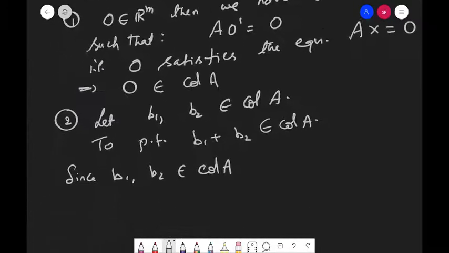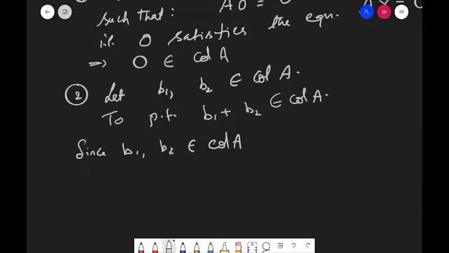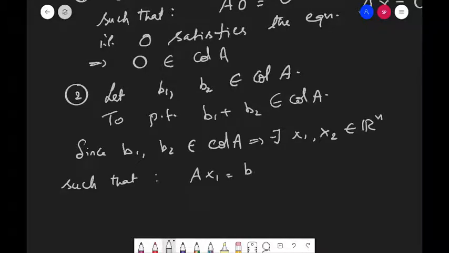So now b1, b2 belong to column A implies there exist x1, x2 belonging to Rn such that Ax1 is equal to b1 and Ax2 is equal to b2. This is equation 1.